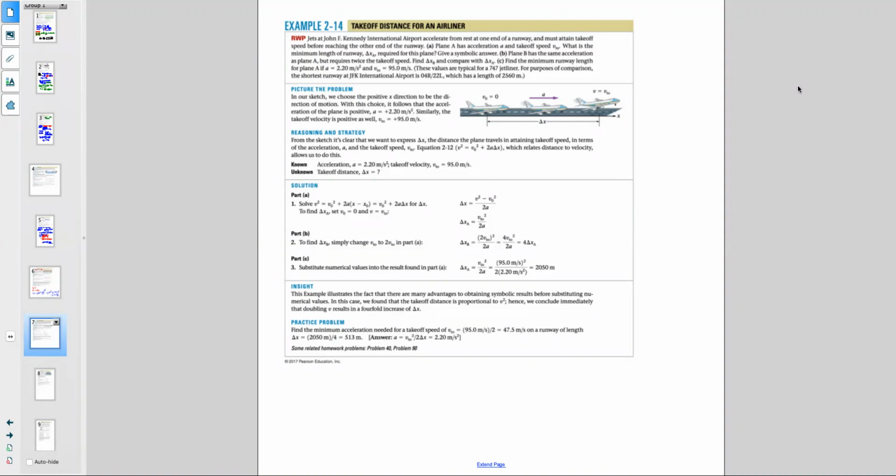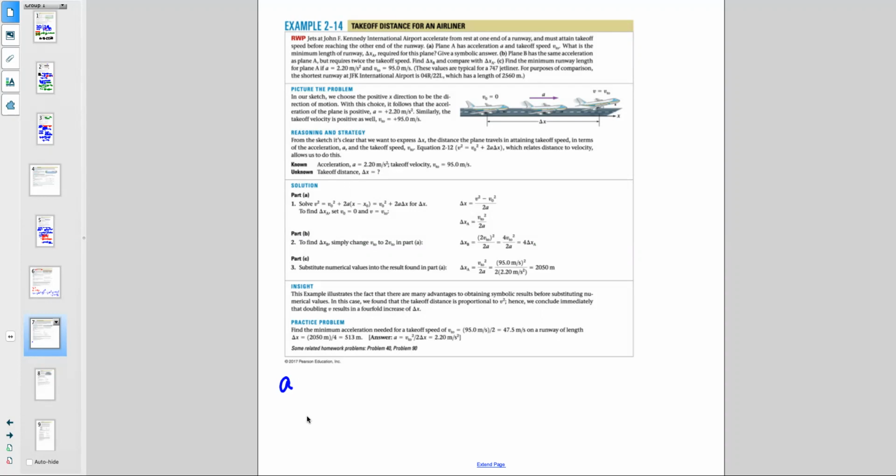So what we have here is a plane that is trying to take off, right? Plane A has acceleration a, so we know what the acceleration is. Acceleration is just a. See, it doesn't give you any number for it. Okay, that's fine. I can just use a instead of assigning a number for acceleration.